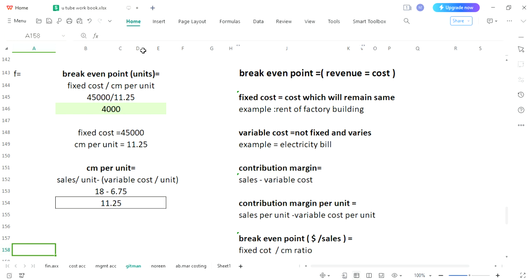But what is important, you have to understand what is the meaning of this break even unit. That means if you will be manufacturing 4,000 units, you will be at your break even point. That means you will not be earning anything, not losing anything. How would you believe this, or how would you be assured of this?